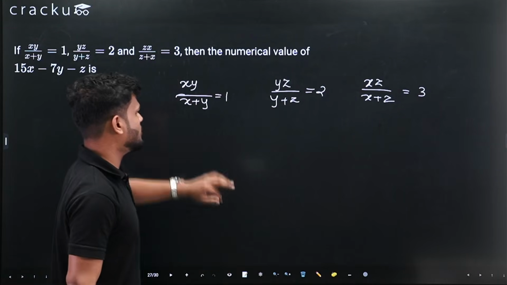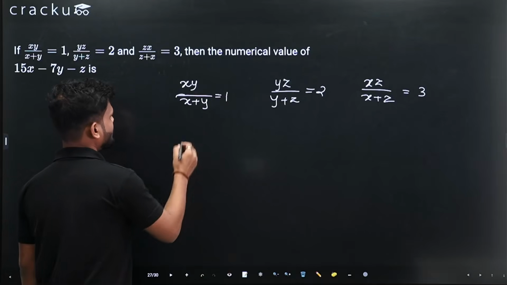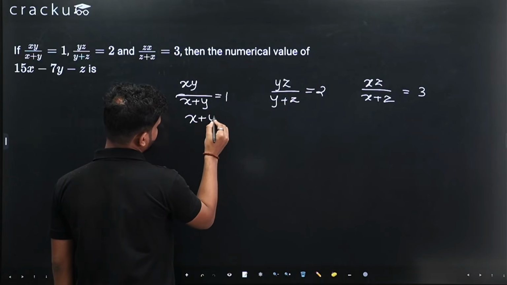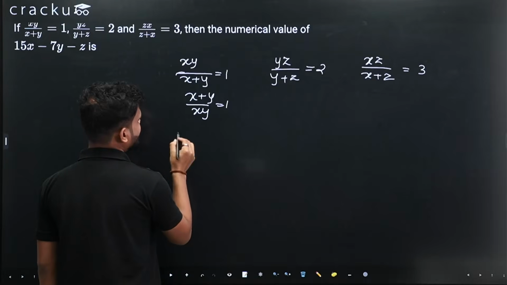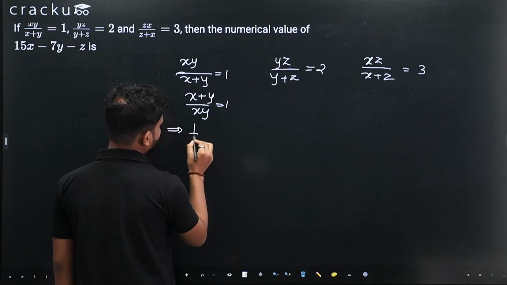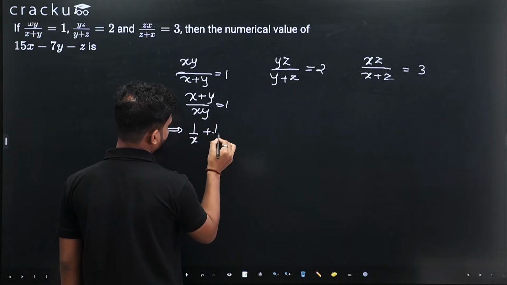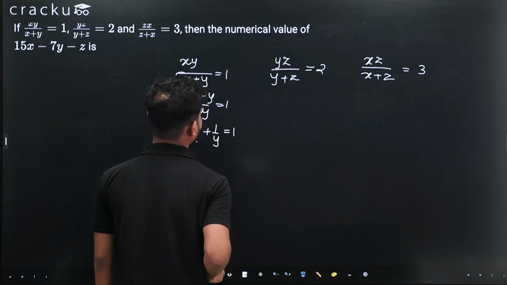Now what you can do? Take the reciprocal. From here you get x plus y upon xy is equal to 1. If you split the denominator, you will get 1 upon x plus 1 upon y equal to 1.